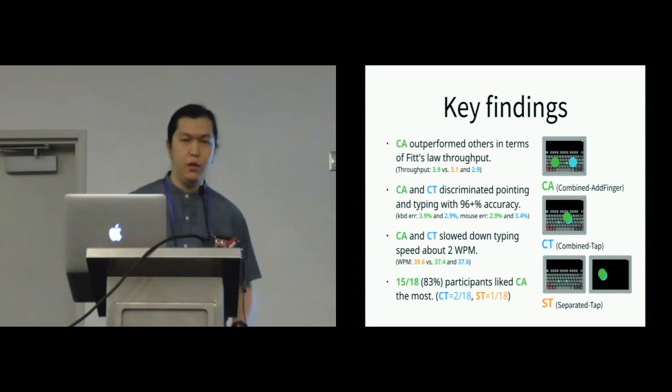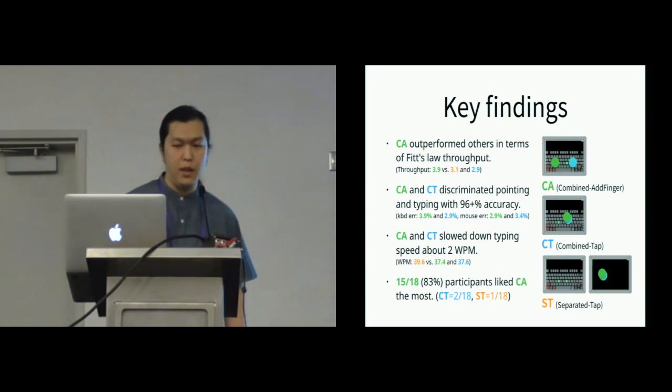However, some discrimination errors slowed down the combined conditions' typing speed by about 2 WPM. And more interestingly, most participants, 15 out of 18, liked CA the most, and CT for 2 participants, and only 1 participant liked ST, the baseline condition, the most.